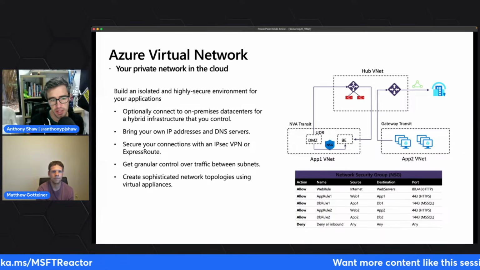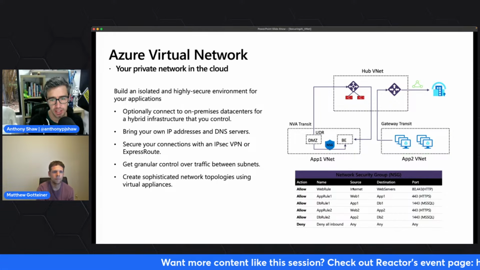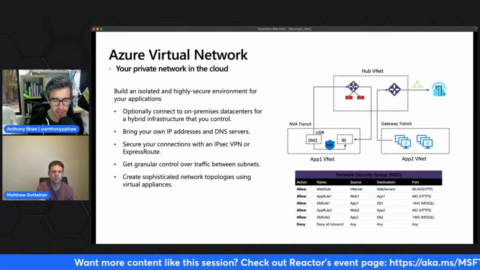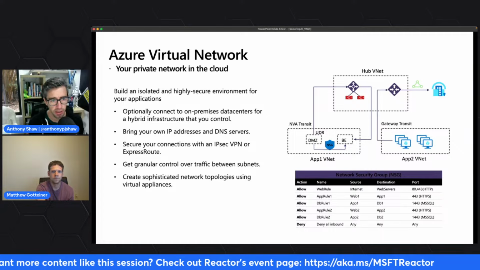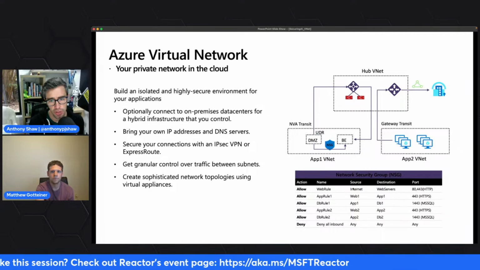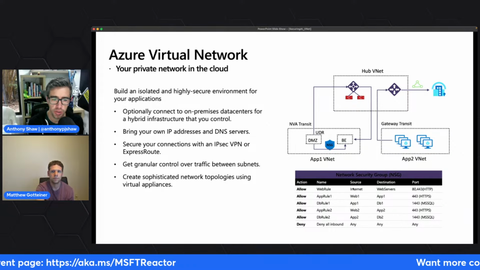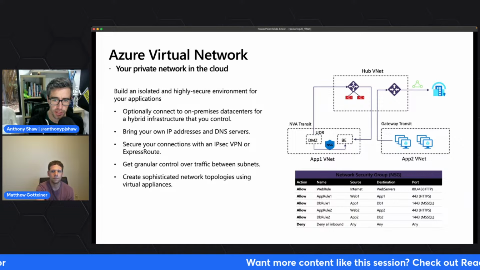So it's similar to that in Azure, except that a VNet in Azure has a lot more capabilities than just the IP tagging. You can choose how and where you connect them. You can manage them all in one place. And you can also set control between subnets and within VLANs as well.